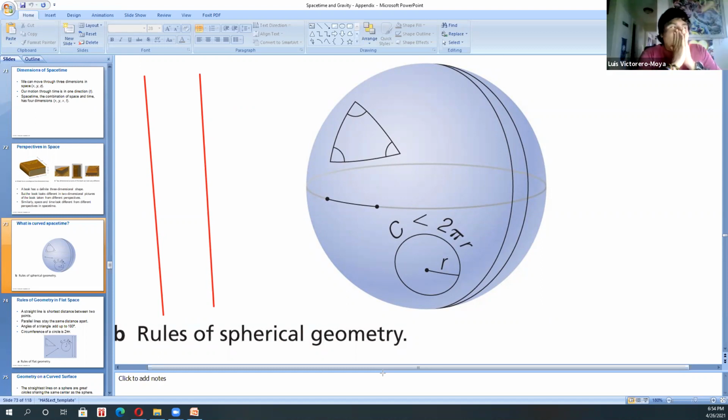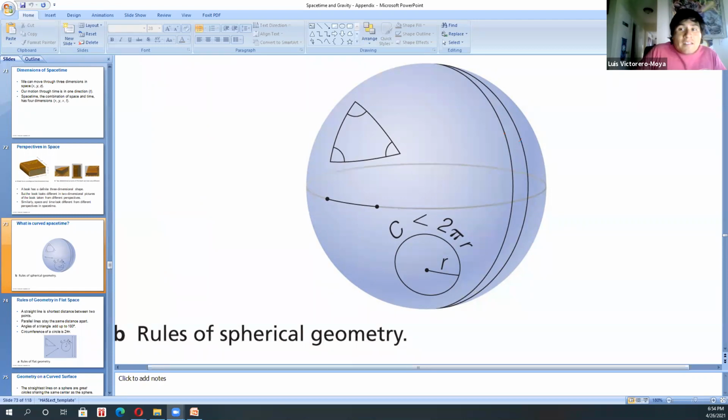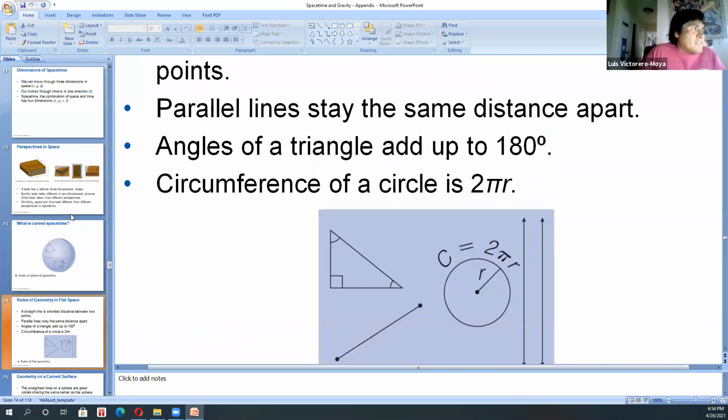But in space-time, in the curved space-time, in spherical geometry, two parallel lines can intersect at some point. All right. So there are different rules for that. In flat space, that's different than here. All right.